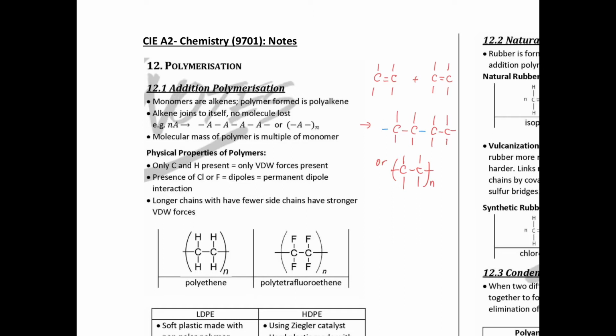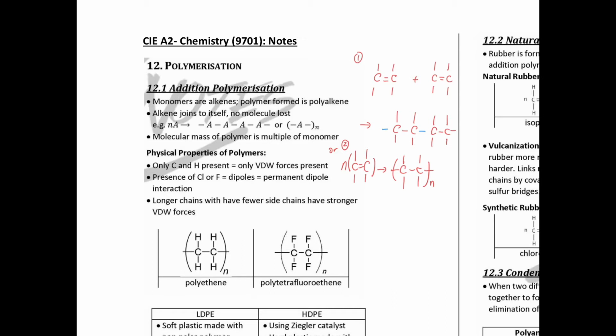So let's say I pull it this way. So we can also draw N of the alkene change to polymer. So this is another way. The first way, and this is the second way. So the second way is easier.